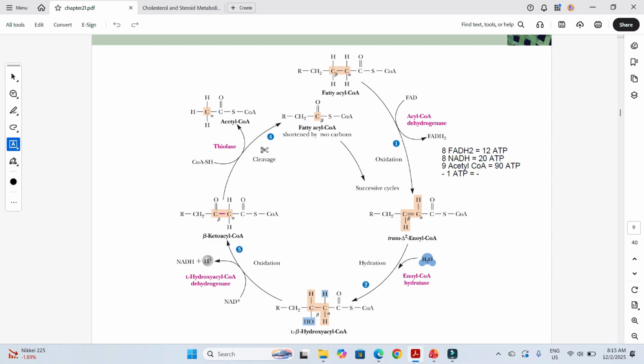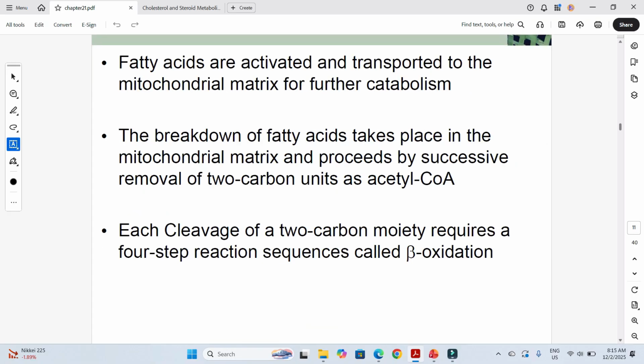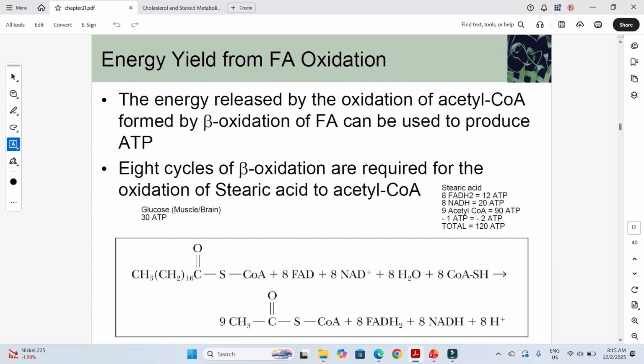Because when that step is bypassed, then you end up not performing that step anymore and not yielding 1.5 ATP from FADH2 because you lose FADH2. Okay? Alright, so I hope that is clear.